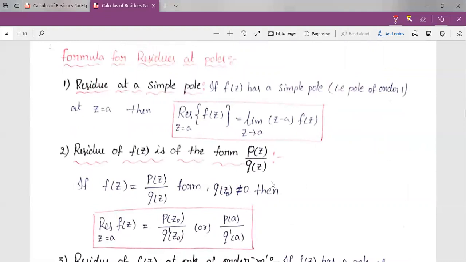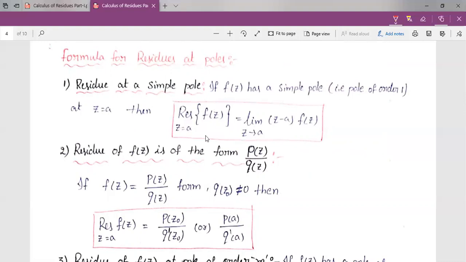Next, formulas for residues at poles. The first one: residue at a simple pole. If f(z) has a simple pole, that is, a pole of order 1 at z = a, then we can find the residue at the simple pole by using this formula: Res f(z) at z = a equals the limit as z tends to a of (z − a) f(z).